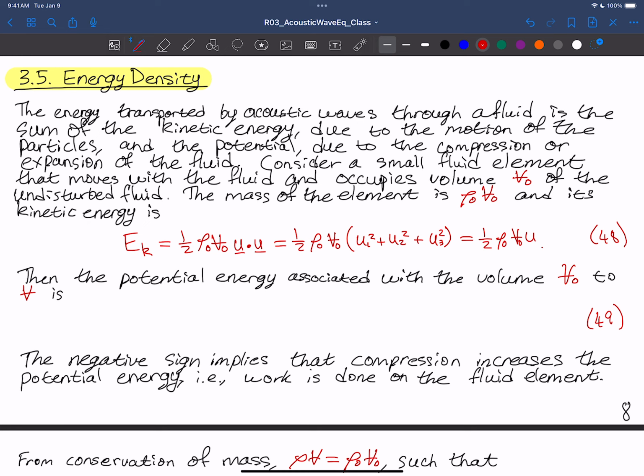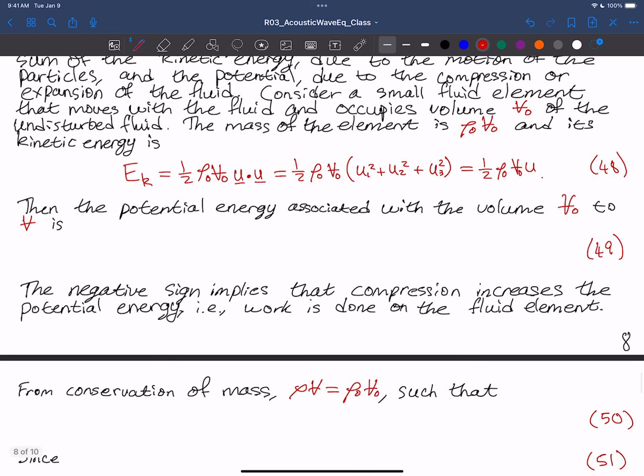Okay, so then the potential energy associated with changing the volume from V0 to a new volume V is going to be written as E sub P is equal to minus the integral from V0 to our new volume V of P, the acoustic pressure, times dV.